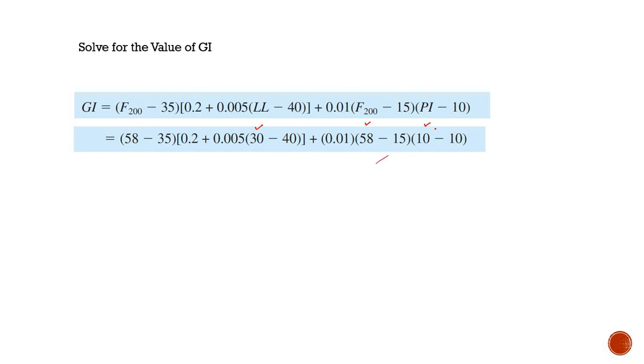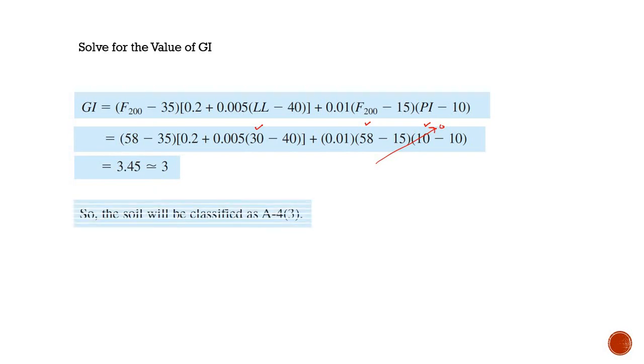So, automatically, this becomes 0. So, our GI is 3.45 and the rule says that we always have to round off the group index into a whole number. So, GI is 3. Therefore, the soil will be classified as A-4(3). So, this is the proper way of writing the answer.